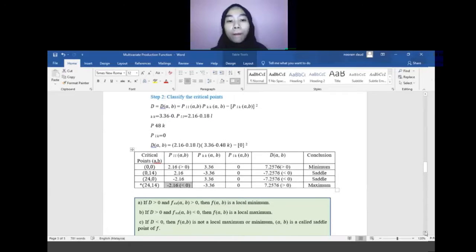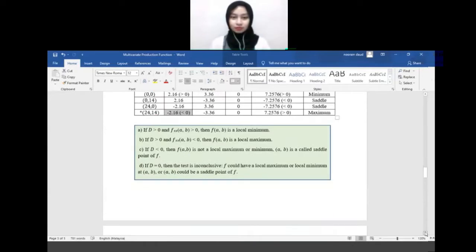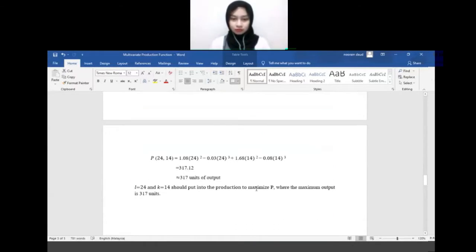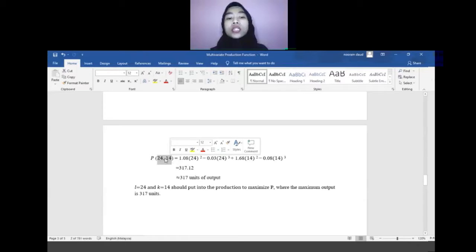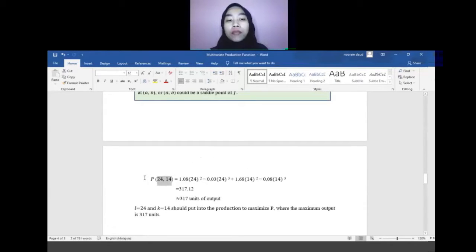Because the question wants the maximum, right? So we enter the critical point (24, 14) into the function P, which is the equation of the question.